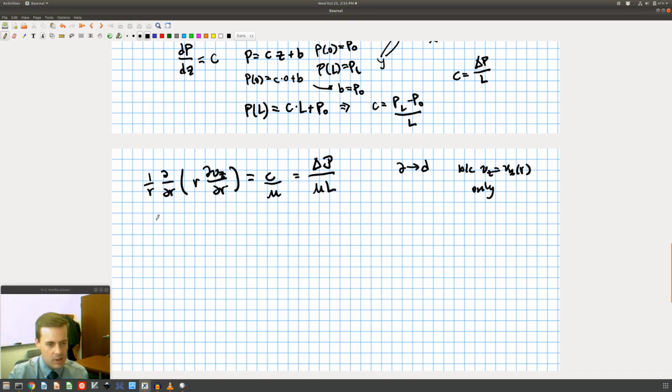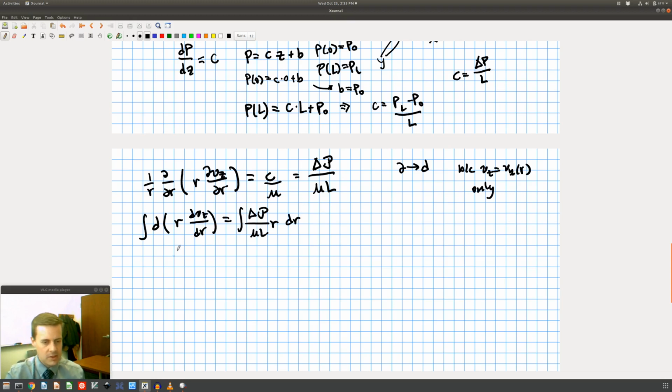Okay, so I'll just rewrite that. Now I have the total derivative of r dVz/dr is equal to, and I multiplied by r, so I have delta dynamic p over mu L times r, and then dr, and I integrate both sides.